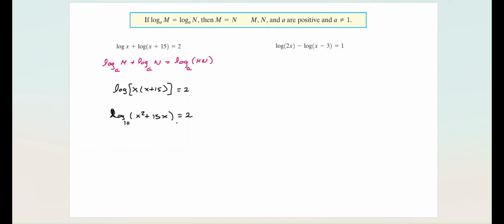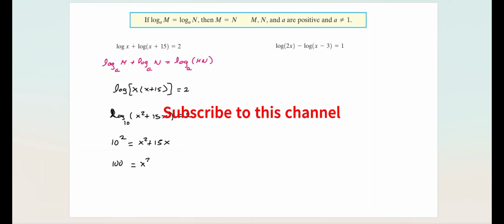Now we're going to convert this into an exponential statement. So we say 10 squared is equal to x squared plus 15x, right?